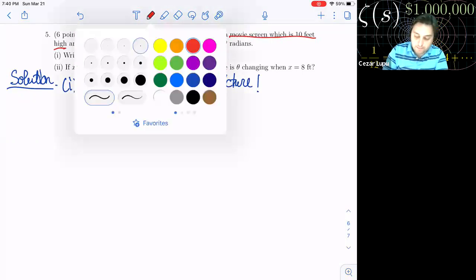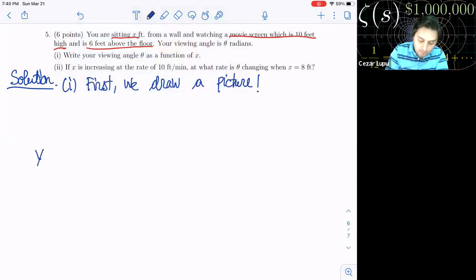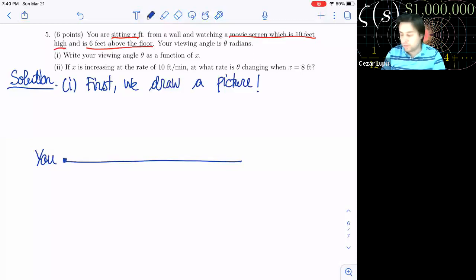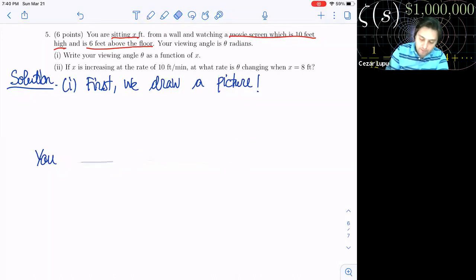So we're sitting, and this is us right here, and right here at this point, the floor. And now we know that we're watching a movie screen. In fact, let me draw a bigger picture, because the picture is essential.